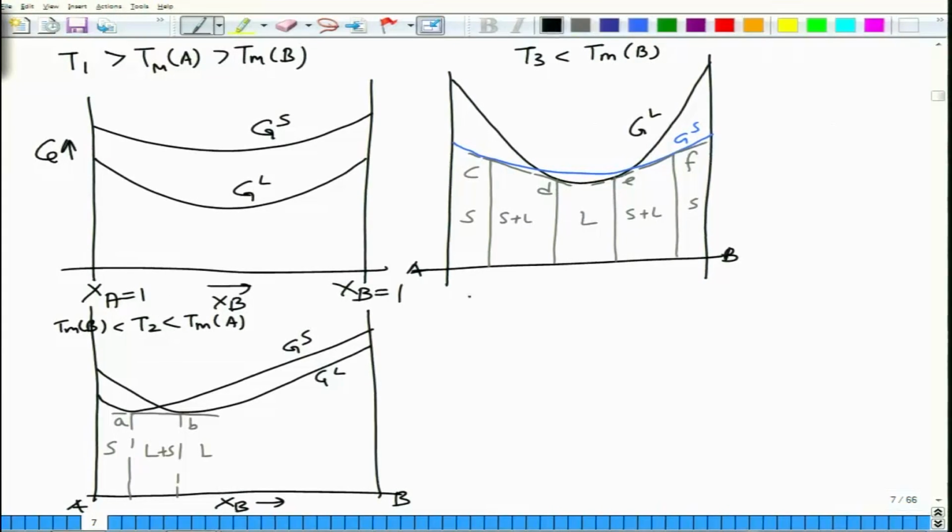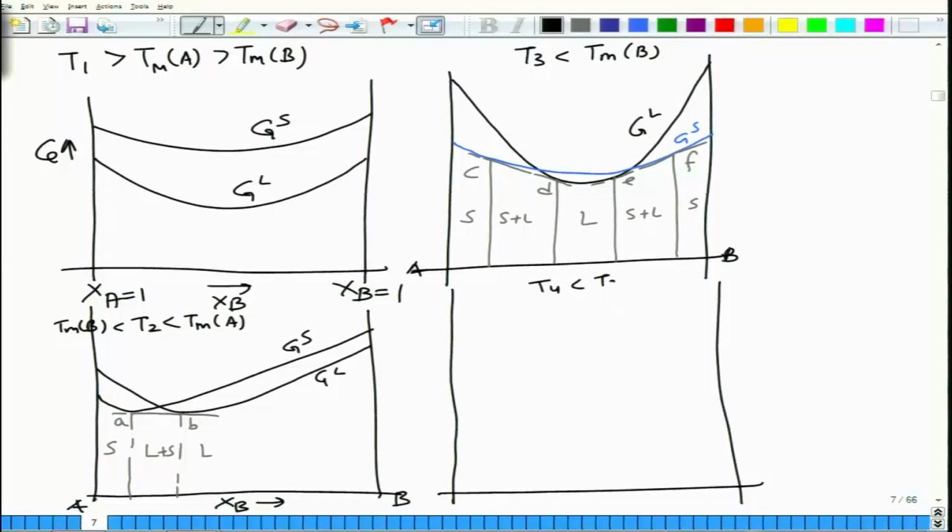You lower the temperature further down, and let's say you reach a temperature T4, which is lower than T3. At this temperature, your GS, GL. Okay, so up to this point it sounds all right.